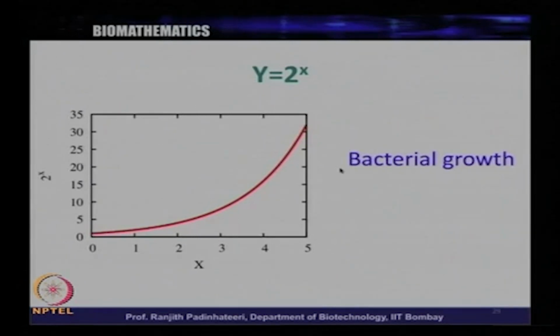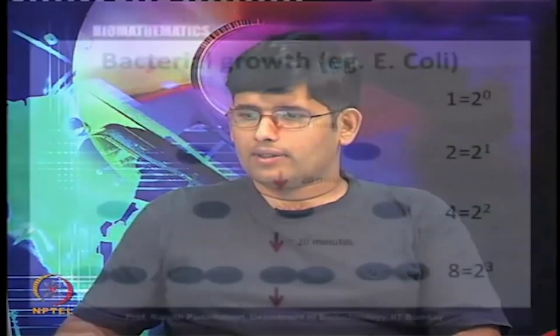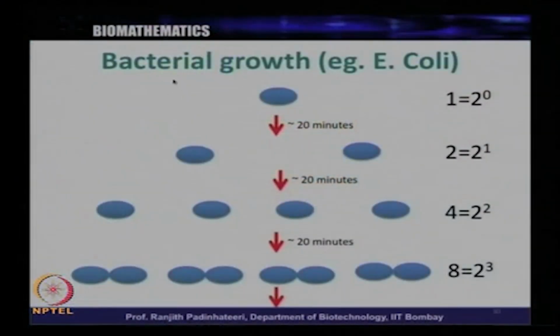Let us have a look at how exactly this bacterial growth is similar to 2 power x. So, what happens in bacterial growth? For example, let us discuss the example of E. coli. Let us say you start with one bacterial cell. So, you have number of bacteria 1 here.